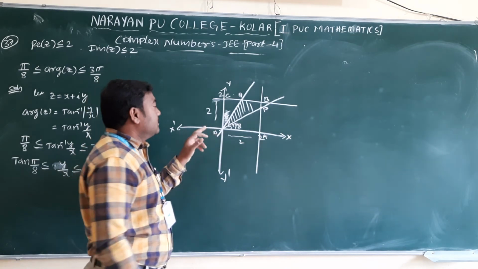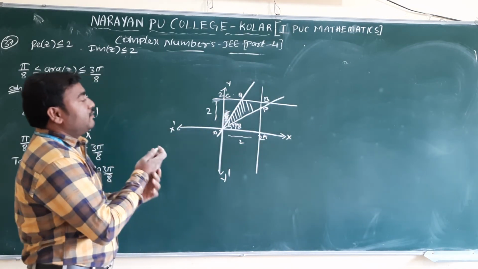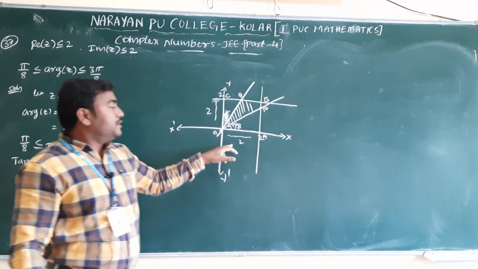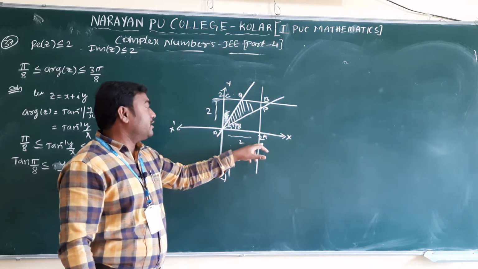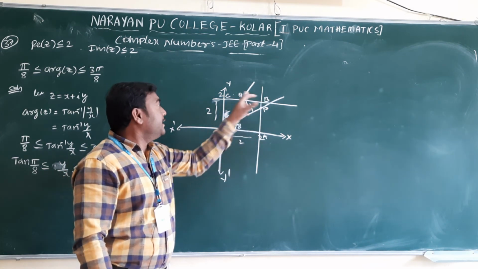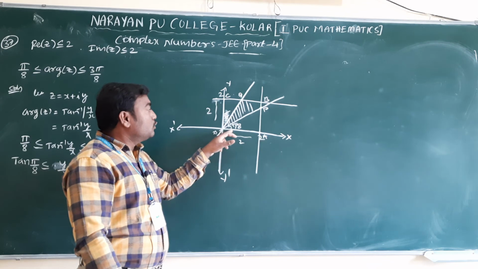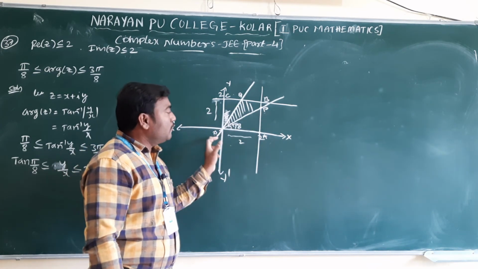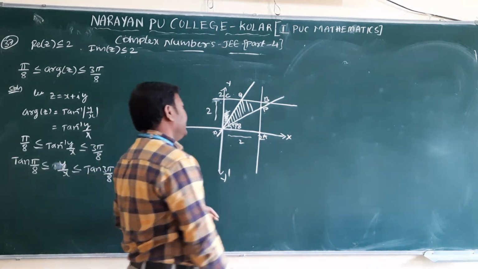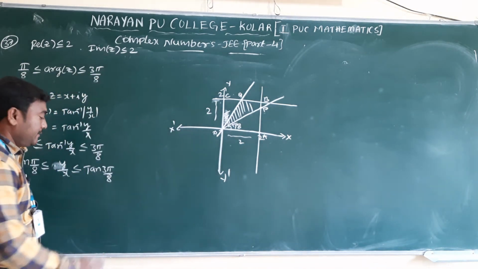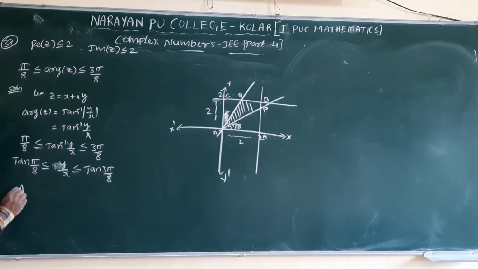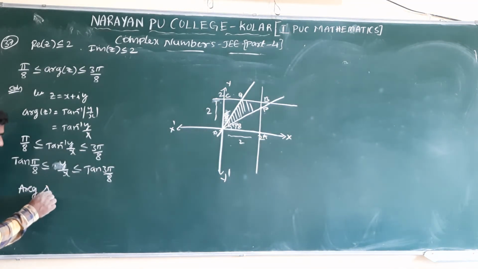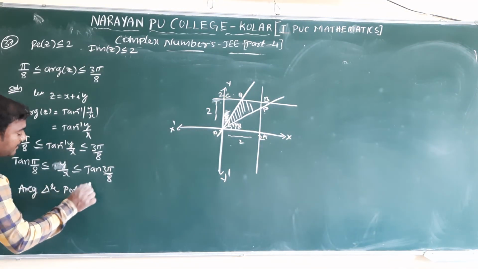Here, the required area is the area of the square OABC minus 2 times the area of triangle POA. First, we have to find the area of triangle POA.